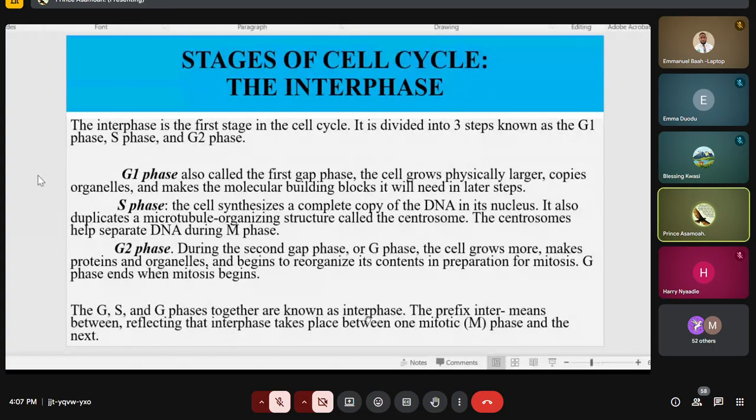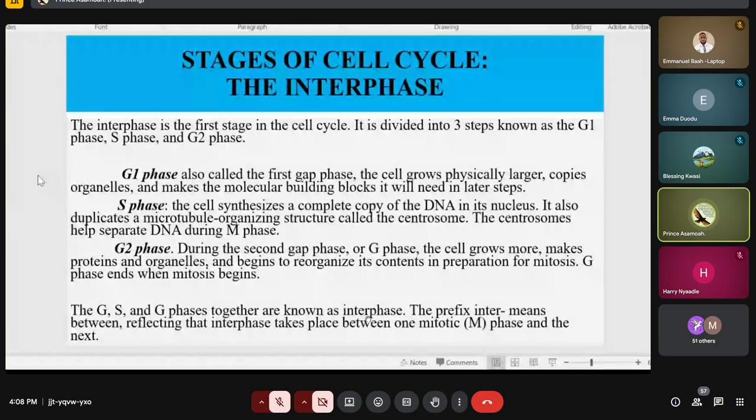The first stage, the interphase, is the first stage in the cell cycle. The interphase alone is divided into 3 steps. The steps are the G1 phase, the S phase, and the G2 phase. G1 phase, or what we usually call the gap 1 phase, the S phase, and the gap 2 phase.